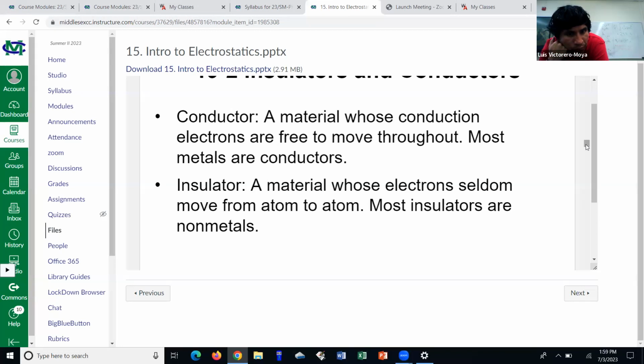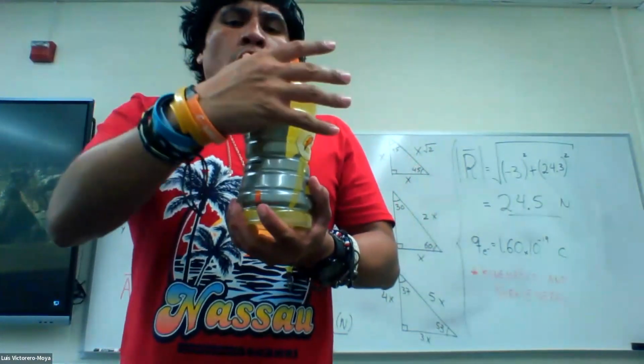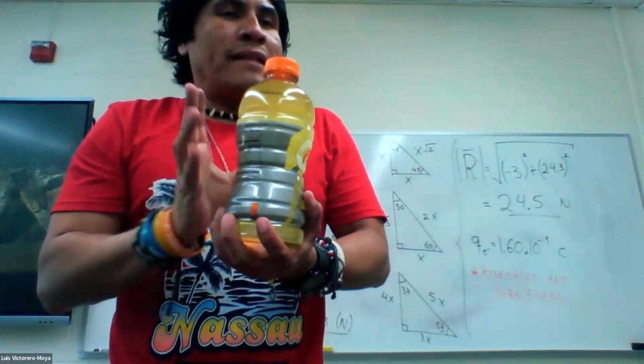All right. An insulator, however, is a material where the electrons are not free to move from atom to atom. And in terms of distribution, they are distributed in the whole volume of the object. What do I mean by that? Imagine this is a conductor, right? So the plastic, imagine this was metal.